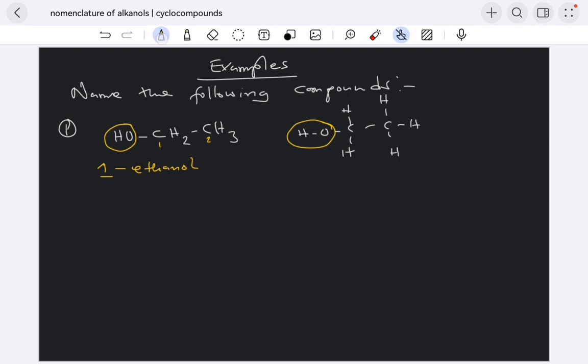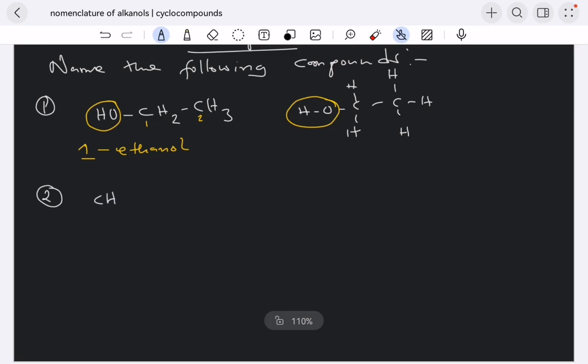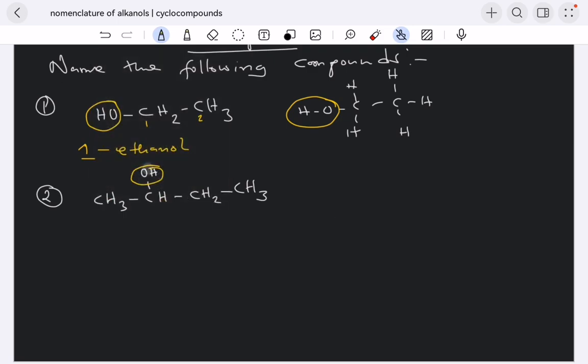Now, we can look at a different example. Let's say we have something like CH3, CHOH, CH2, CH3. So here, again, what is important is to recognize the functional group.